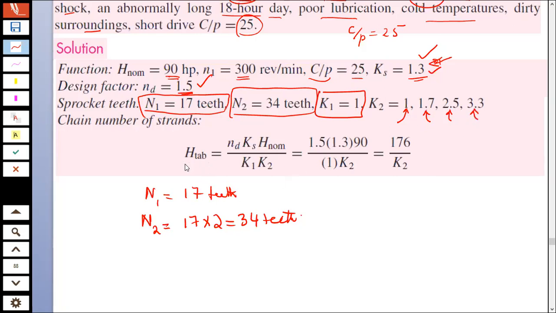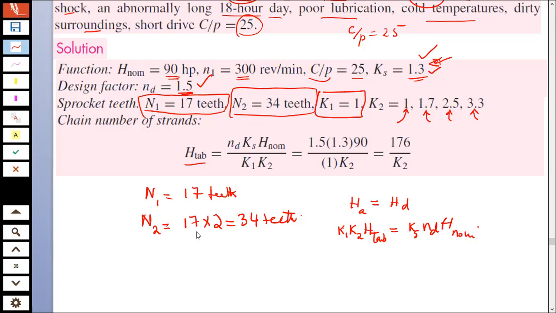Now, what is H tab equal to? We already said that in design you take H allowable and compare that to your H design. What is your H allowable? H allowable is equal to K1 times K2 times H tab, and that will be equal to Ks and D times H nominal.